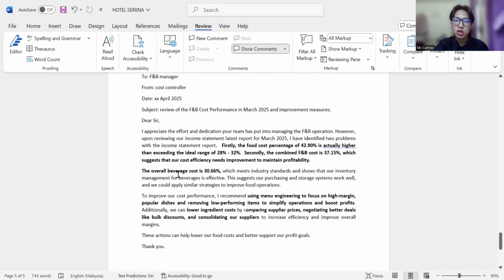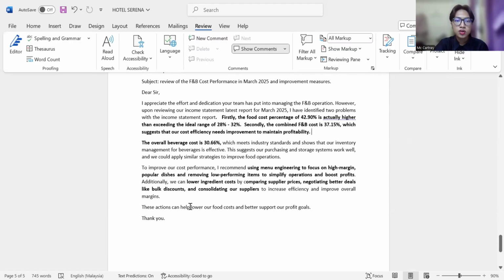One area that is working well is actually the beverage cost. Even though the beverage cost is higher than the ideal beverage cost, it is within the industry standard, which shows that our inventory management for beverage is effective.